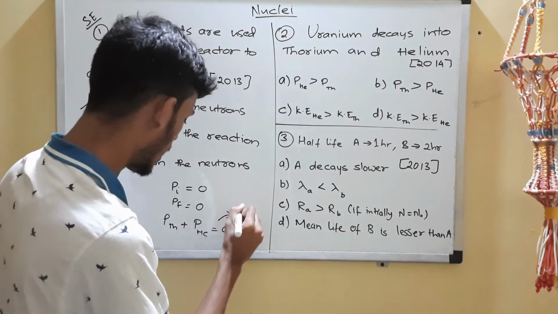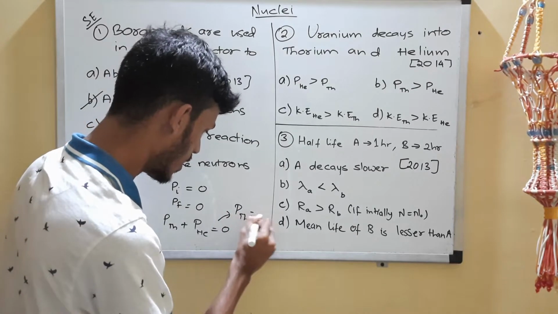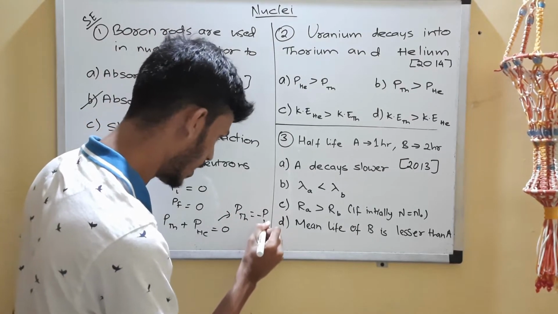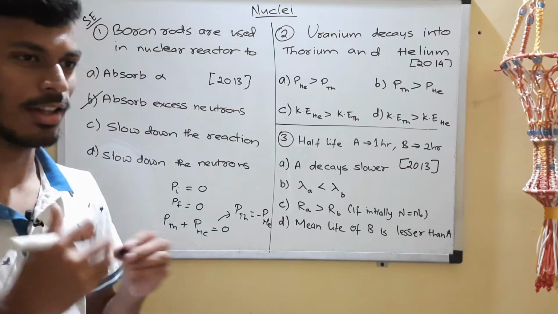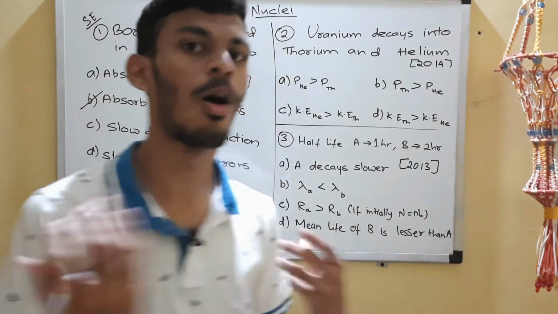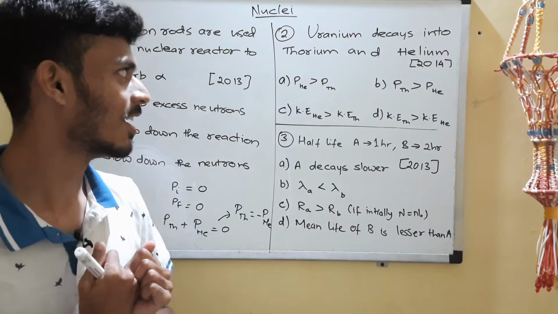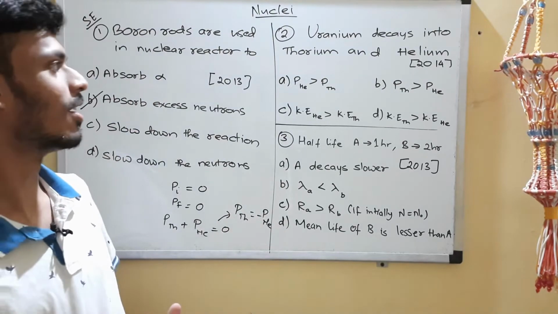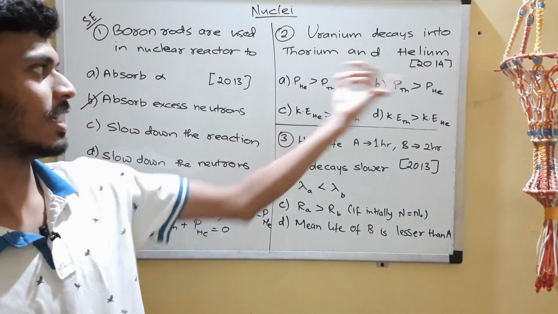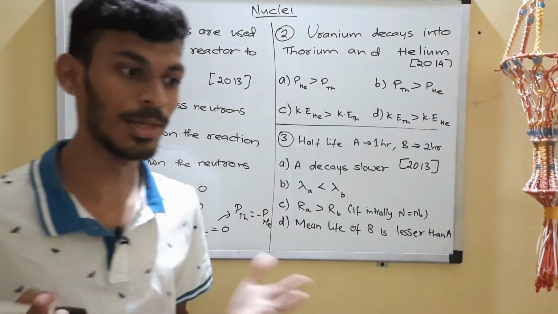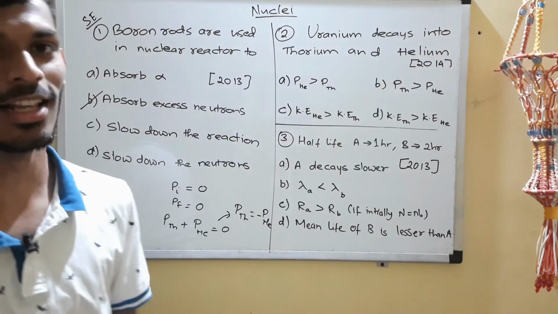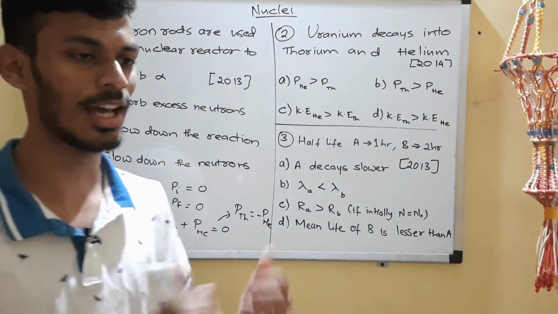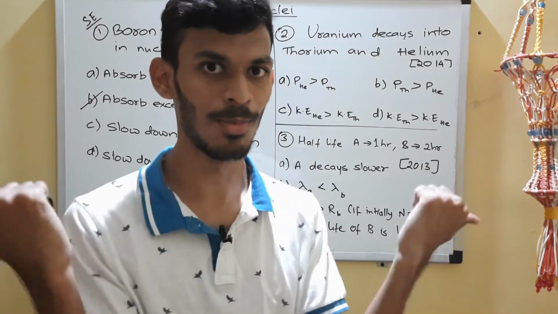So this implies that the momentum of thorium is equal to the momentum of helium in magnitude. Basically, they are numerically equal but opposite in direction. So you can see from here that these relations are wrong. The momenta of thorium and helium are numerically equal; they are just moving in opposite directions.